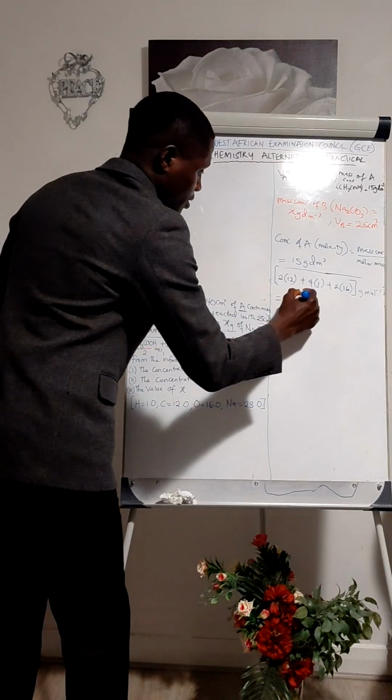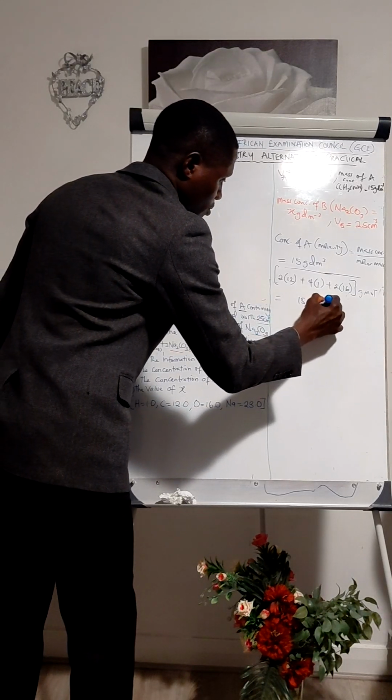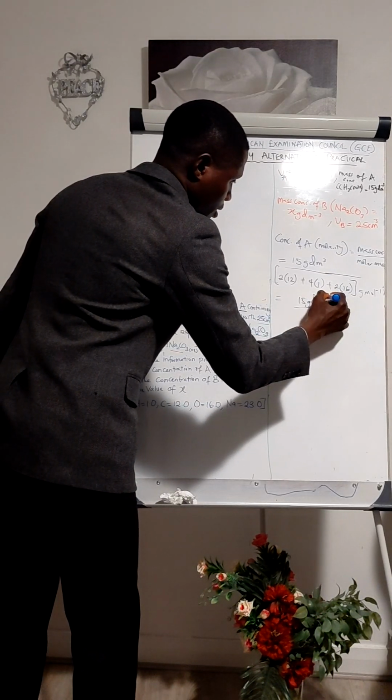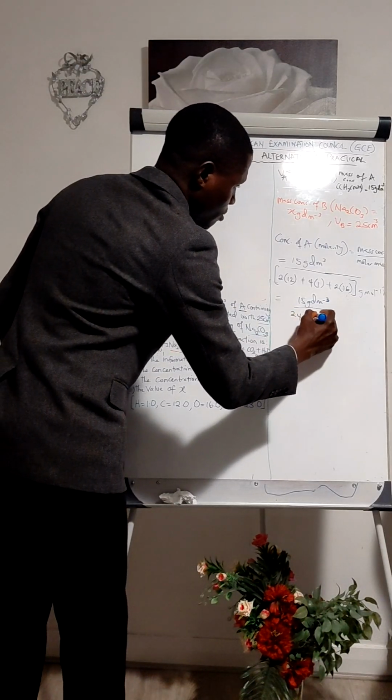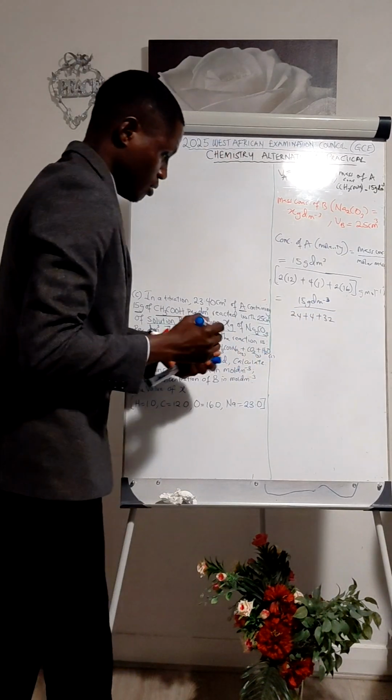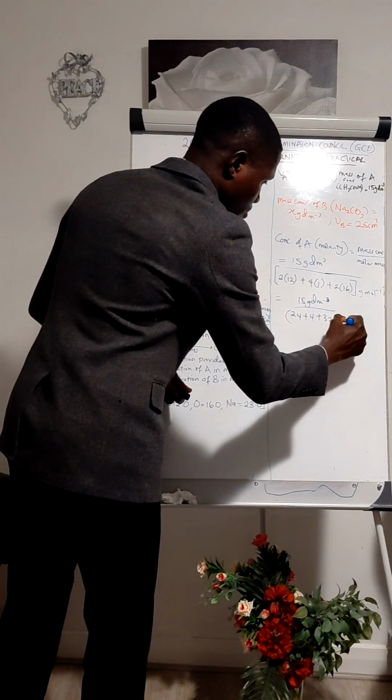So we're going to have 15 gram per dm cube divided by 24 plus 4 plus 32 gram per mole.